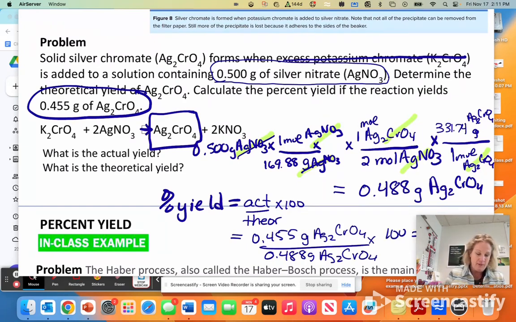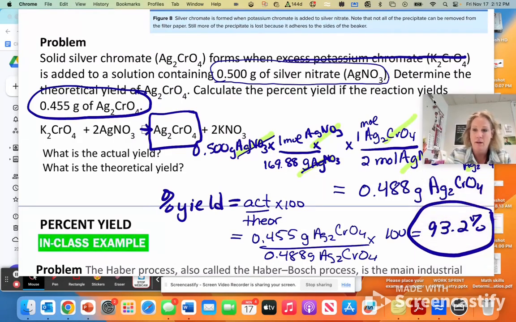And then sig fig wise, just keep your sig figs. The 100 would really have infinite sig figs. So you can see we have 3. So we should end with 3. So I think you get 93.2% yield. So the percent yield here is lower than 100 probably because some of that silver chromate was left over like in the container or on a stirring rod.